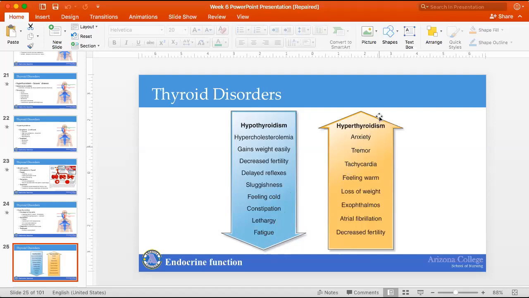And then with hyperthyroidism, you also will see some fatigue and weakness, but you also see anxiety, tremor, tachycardia, feeling warm, loss of weight, that exophthalmos we were talking about, atrial fibrillation, and decreased fertility. You see they both have decreased fertility, but with hyperthyroidism, basically you're going to increase a lot of these things, while with hypo, you're going to decrease.